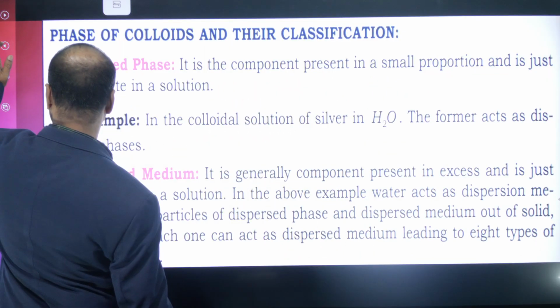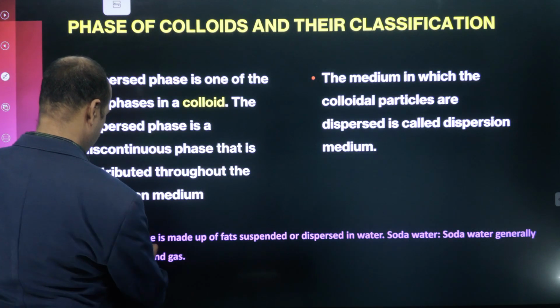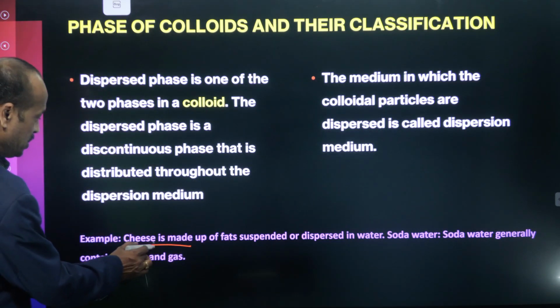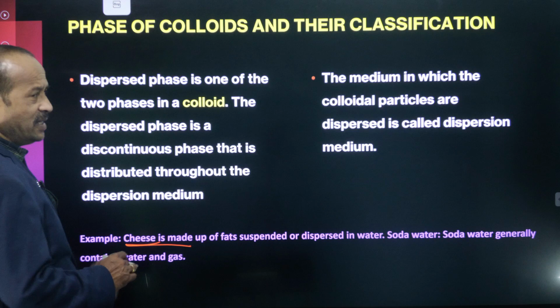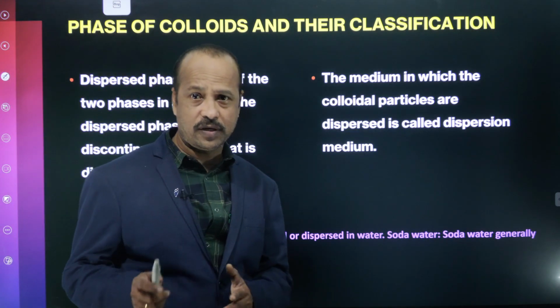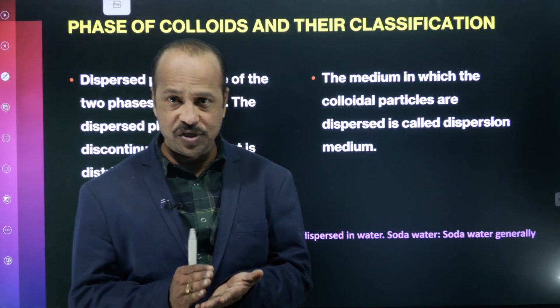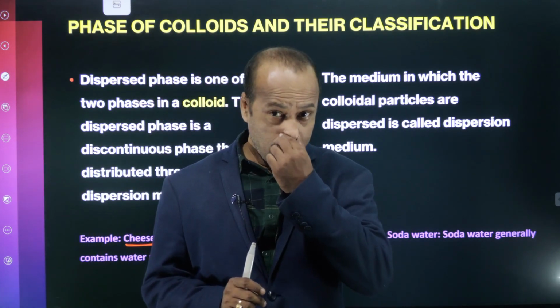So here the example for the colloidal solution is cheese. What is cheese? You know the cheese. Generally we purchase it from the bakeries and apply the cheese on the bread and eat it, right? So that cheese.